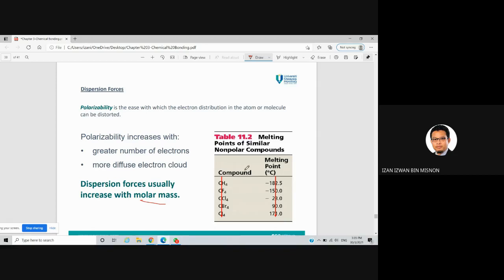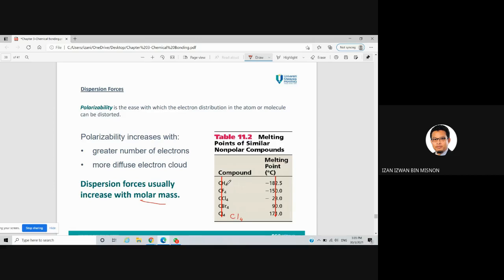So we have an example of methane. Then we have here carbon tetrafluoride, carbon tetrachloride, carbon tetrabromide, and carbon tetraiodide, CI4, not Cl.